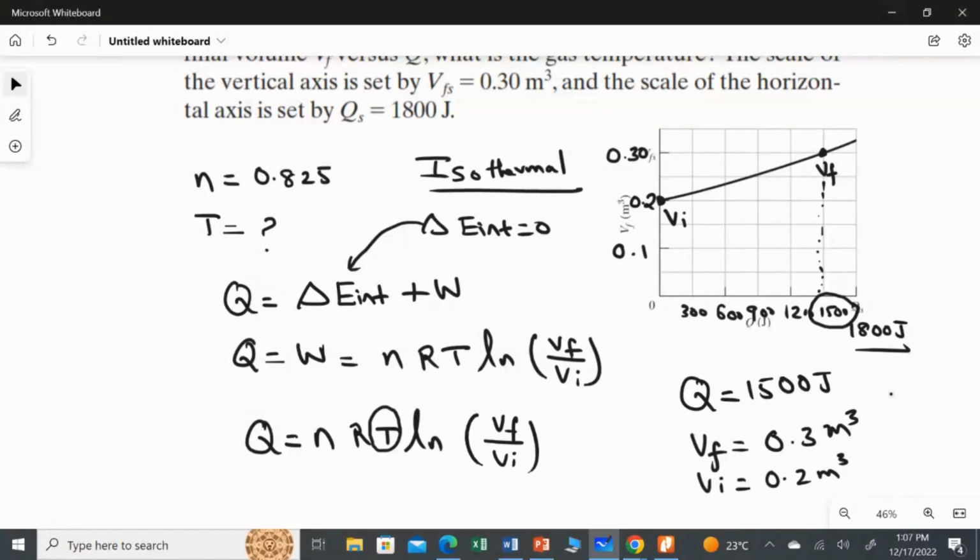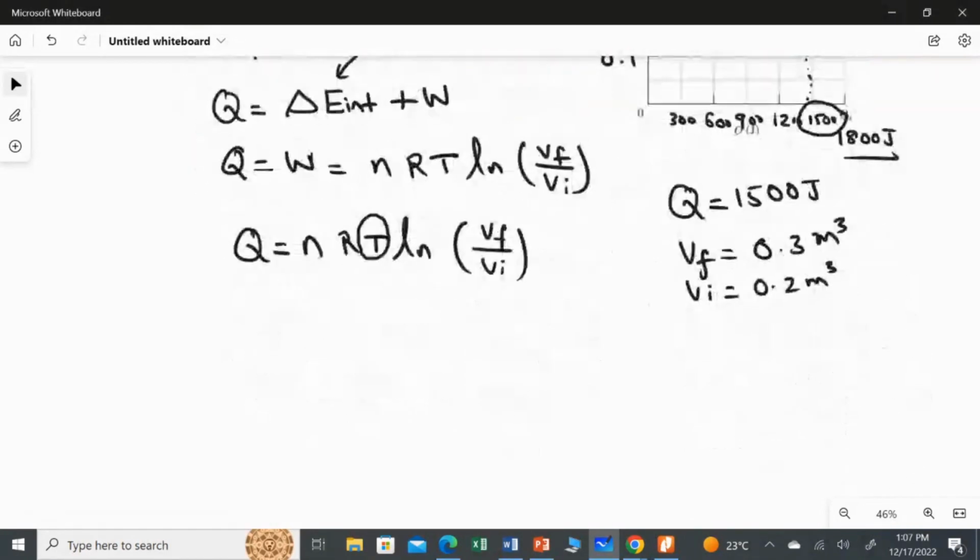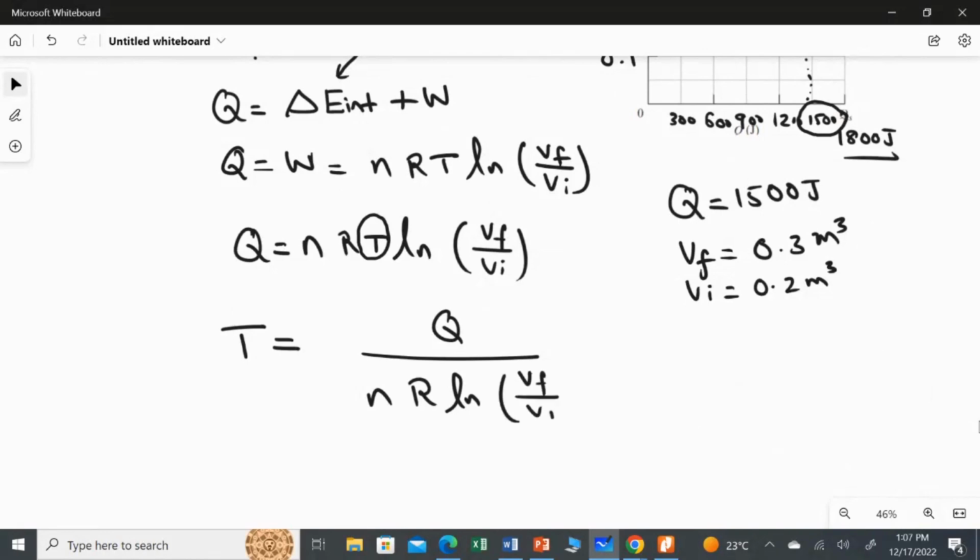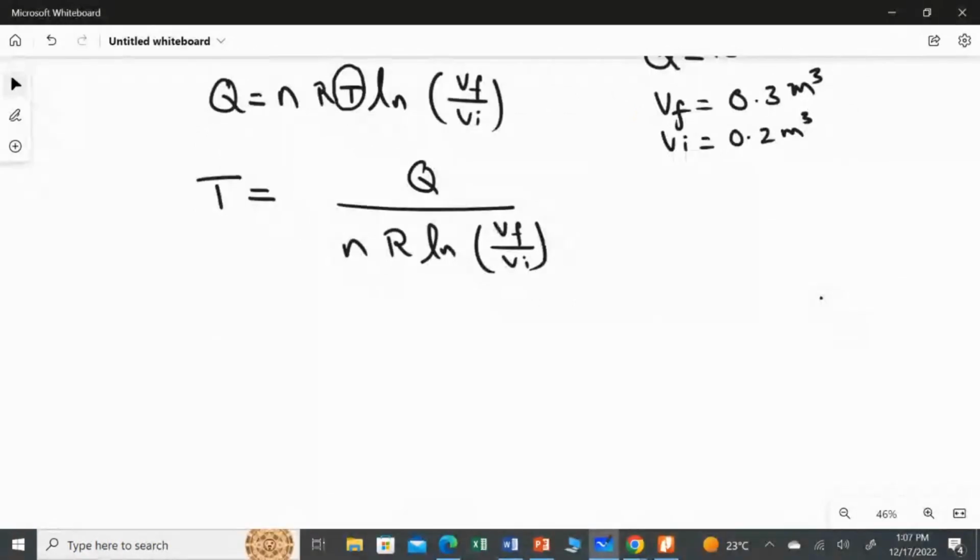Now I have to rearrange this equation because we are going to find the temperature. Rearranging in terms of temperature, T equals Q over n R natural log of V final over V initial. Now I am going to substitute the values to get the temperature of the gas.